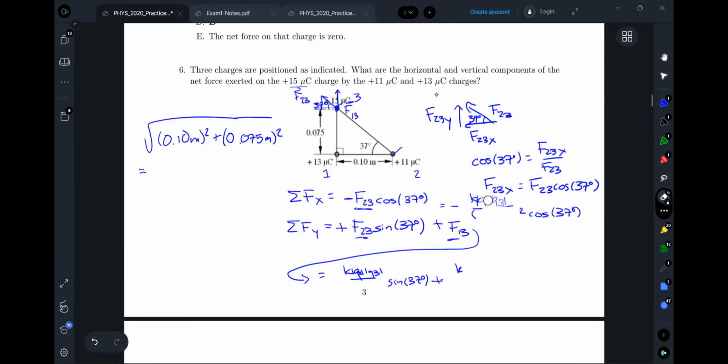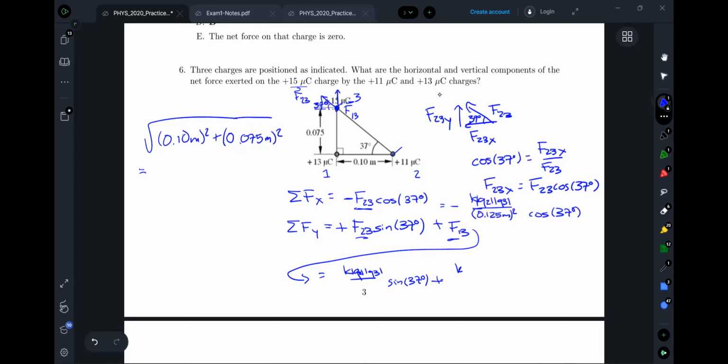So this one was the force on our charge up here due to this charge, and that's why we needed that cosine in the first place. So my mistake, that's Q2, Q3, and we just found out that that was 0.125 meters squared.